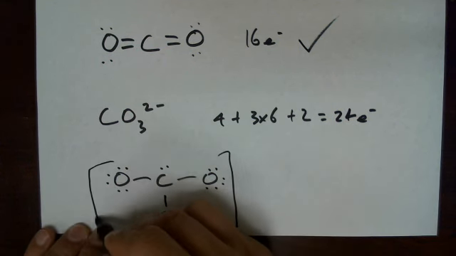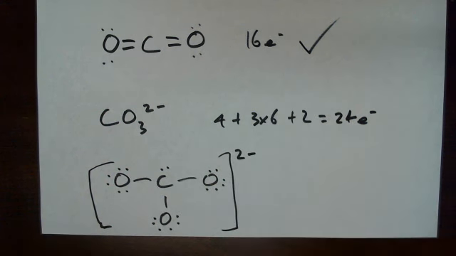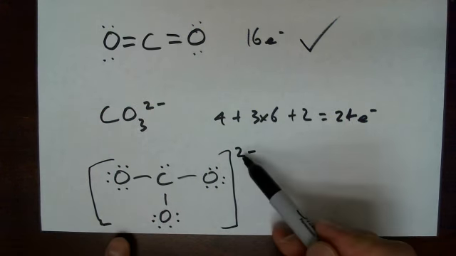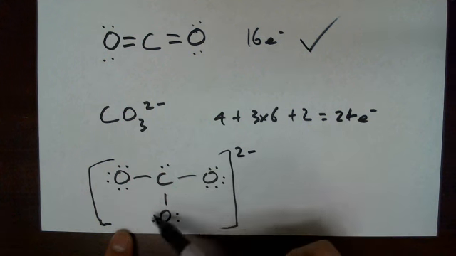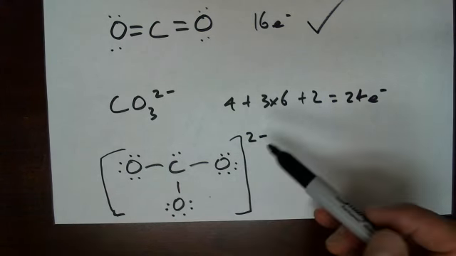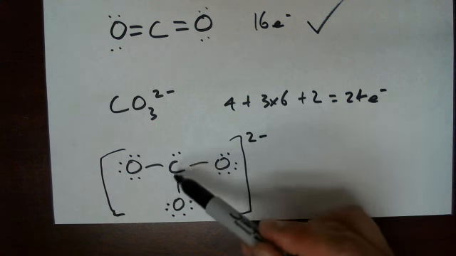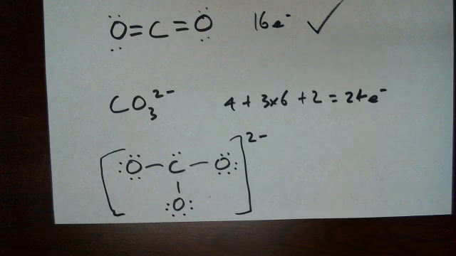Because it's got a 2- charge, you draw it like that. It's saying that the 2- charge is dispersed over the whole structure here. The 2- doesn't actually reside on any one of these atoms as such. So I'm just trying to find an example where we do have a resonance case.